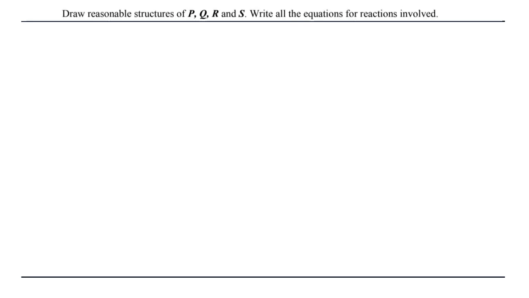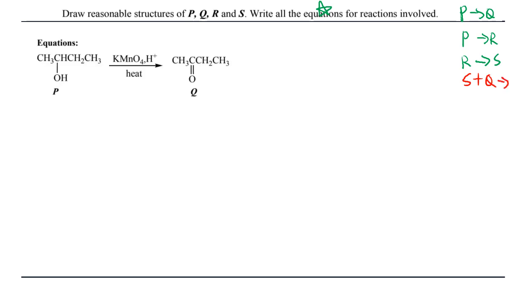Now after we predict the structures of P, Q, R, and S, don't forget the question also asks us to write the equations. The first equation is P to Q, then P to R, then R to S, and the last equation is S plus Q. Look at the first equation.